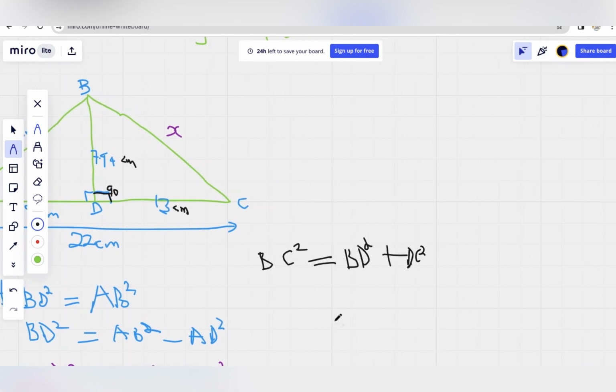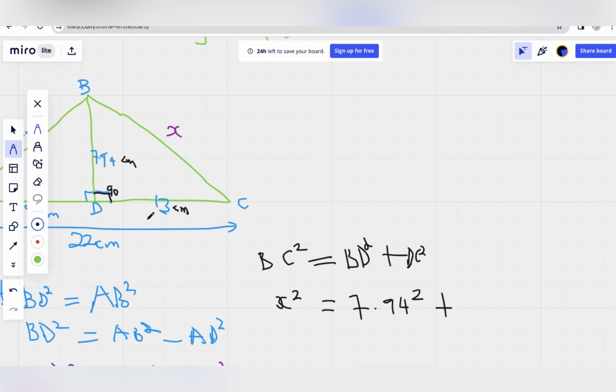Okay, so now BC square is X, so I can simply write X square. X square is equal to our BD square, which is 7.94 squared. When you square it, you get back your 63. 7.94 square plus 13 square.